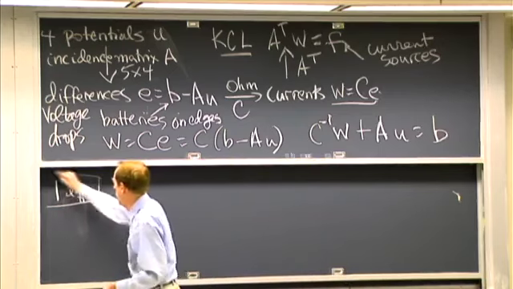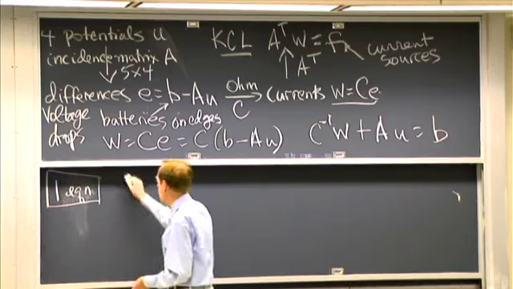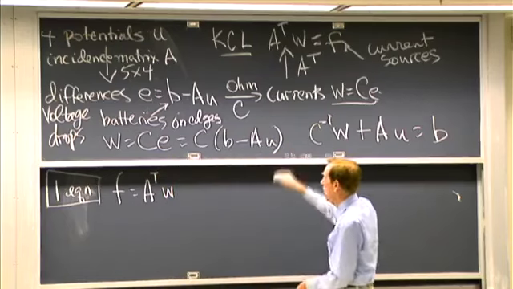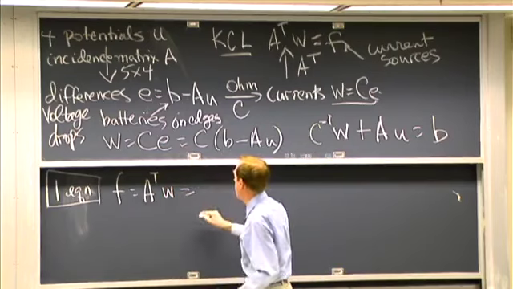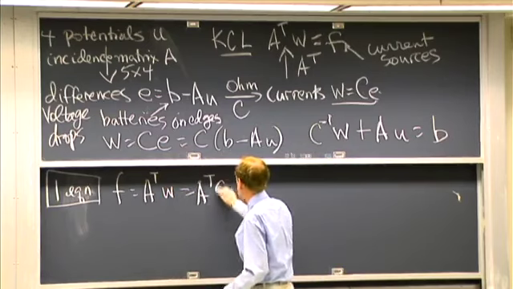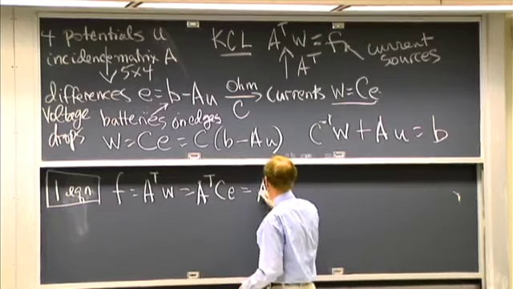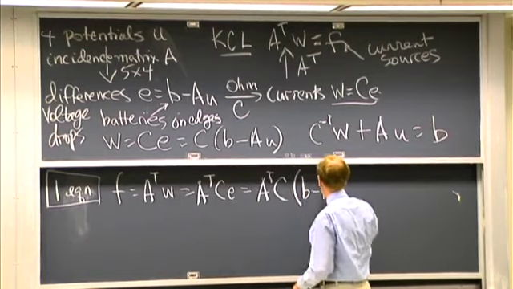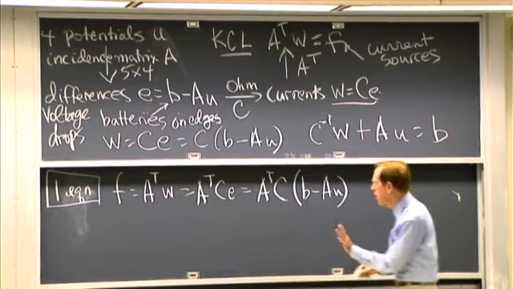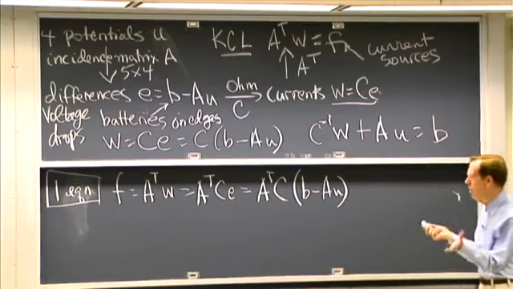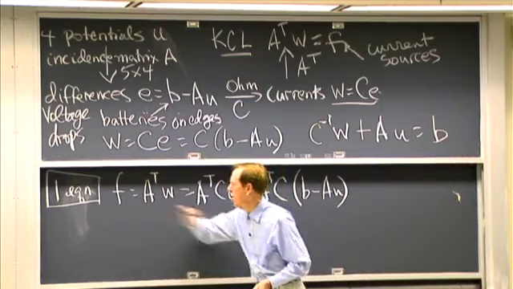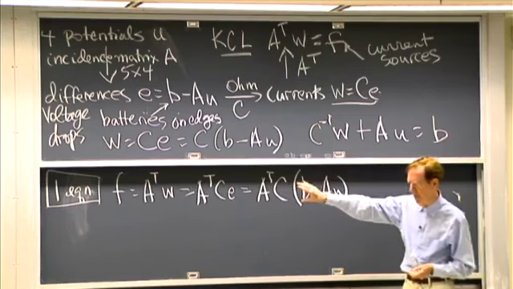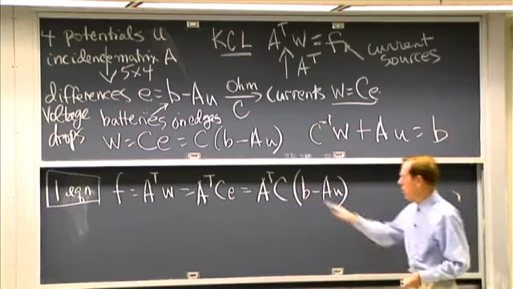So one way to do it is to end up with one equation. That was F equals A transpose W. I'm just assembling the whole loop, but W is CE. So that's A transpose CE, but E is B minus AU. Nothing new there, except that it involves both the F and the B, where our earlier examples involved either an F in masses and springs or a B in least squares.